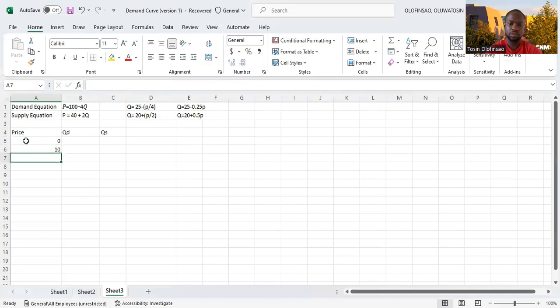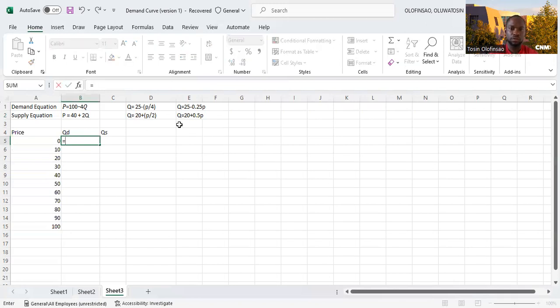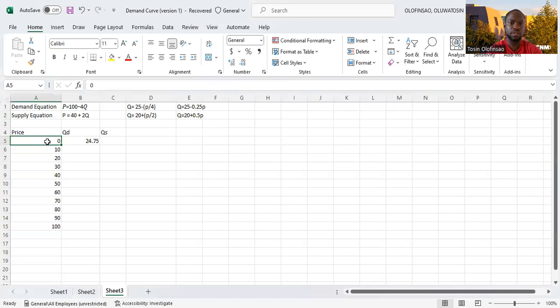So 0, 20, 30, and you can swap this a little bit downwards to 100, right? Then put in the formula as you have over here, so QD equals to what? 25 minus 0.25 P, right? This is P, right?